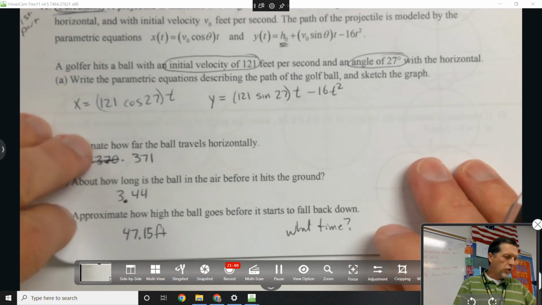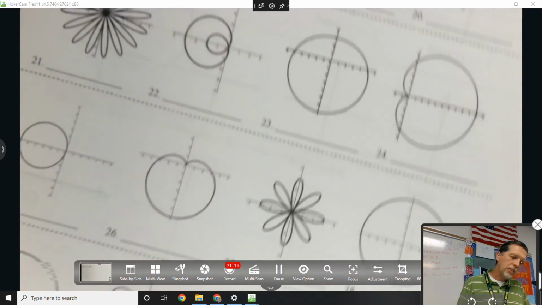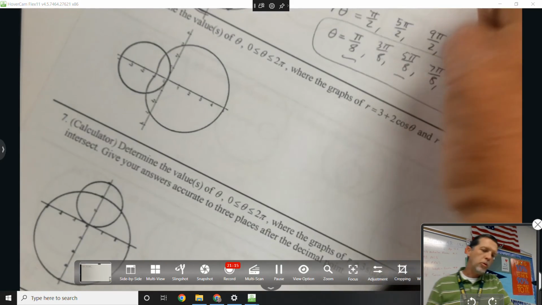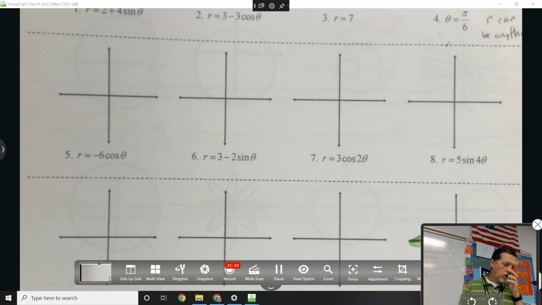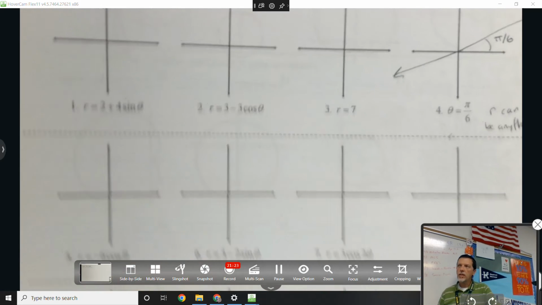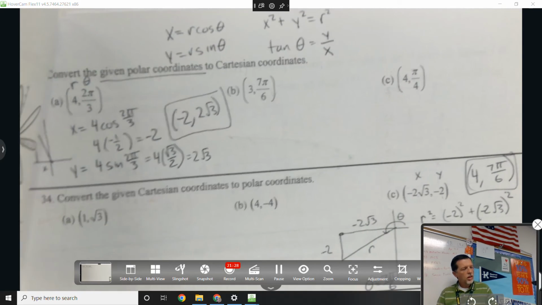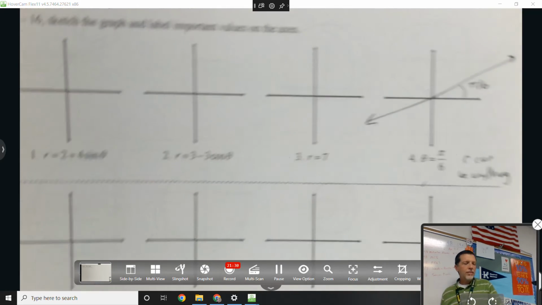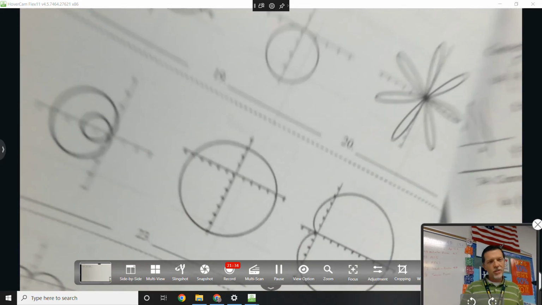Okay, we've reviewed all the old stuff, and by that I mean the parametric and the conversion. Do you want to do some more graphs? Because these are all just jumbled up now. I don't know which one you think is easier, but whichever format you think is easier, do those first.